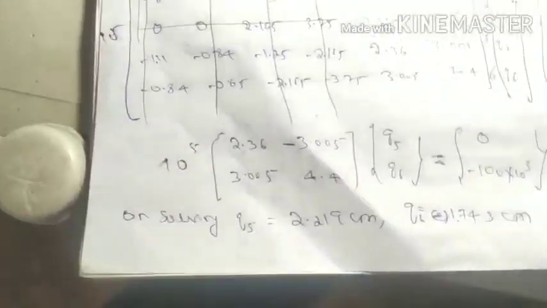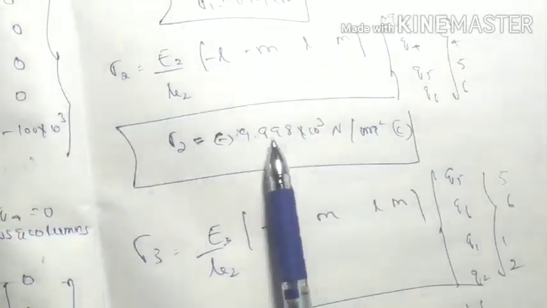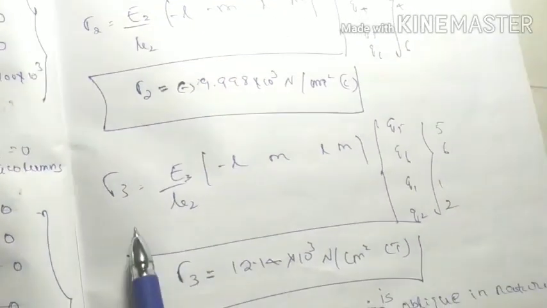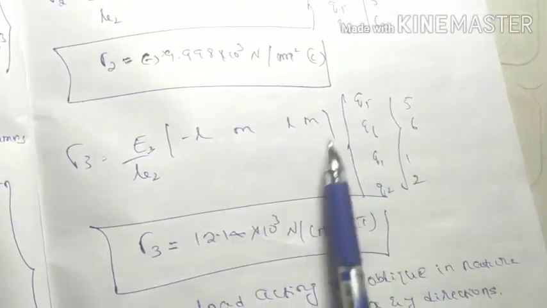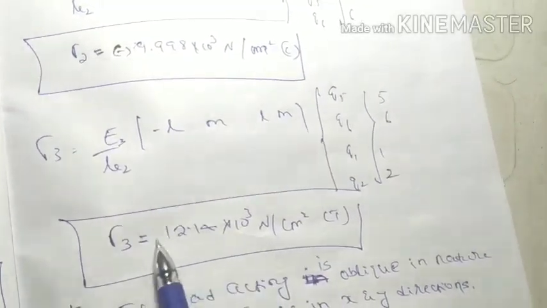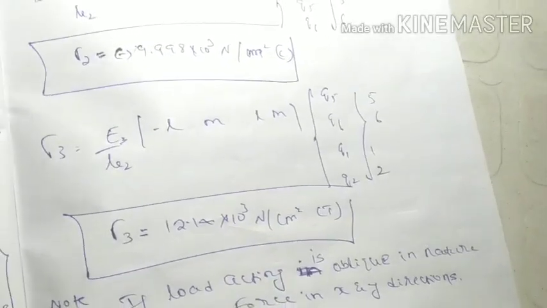Q3, Q4 are 0. Q5, Q6 we got here, right? 2.219 centimeter as well as minus 1.743. You substitute, and finally sigma 2 is minus 9.98 into 10 raised to 3 Newton per centimeter square, that is compression. And sigma 3 as usual, if you substitute the values, then you will get 12.14 into 10 raised to 3 positive, therefore it is under tension. So this completes the problem.